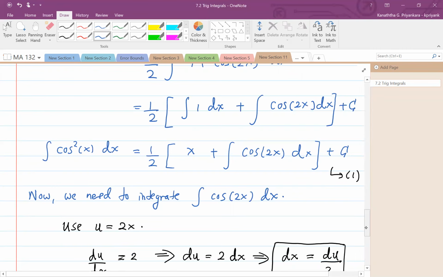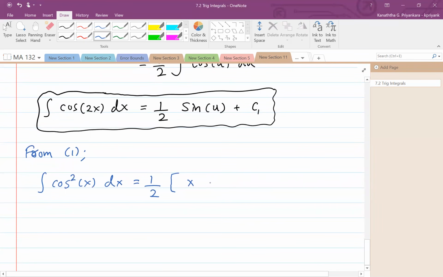We found it as 1/2 sine u, which is 2x. So replace u by 2x, plus some constant c1, plus we have c here.